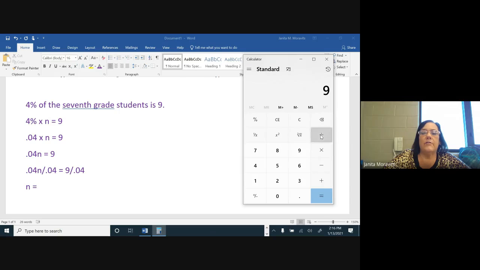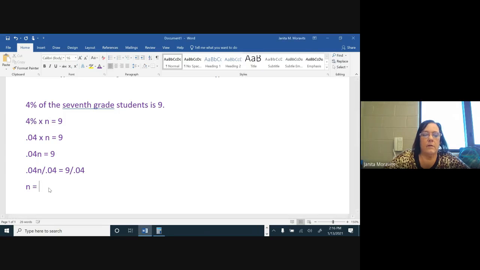So I would check yourself with the calculator. 9 divided by 0.04 equals 225. So that equals the total number of 7th grade students.